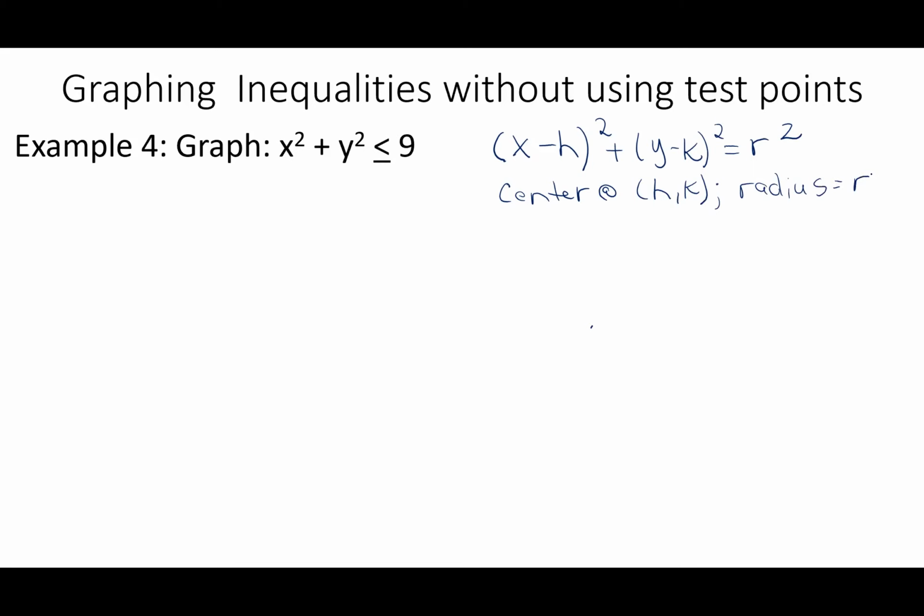Now, this problem doesn't have anything in here for the h and the k. If there's not a number in there, it's an understood 0. And then ask yourself, what do you square to get 9?